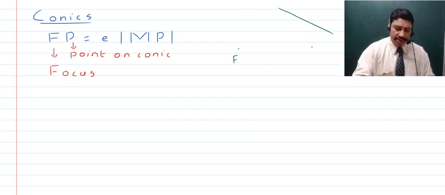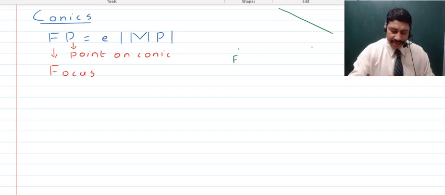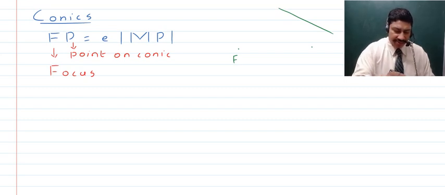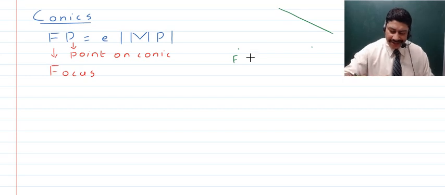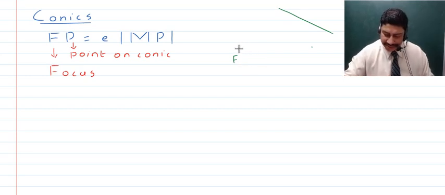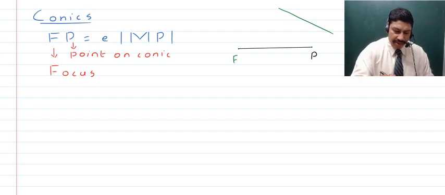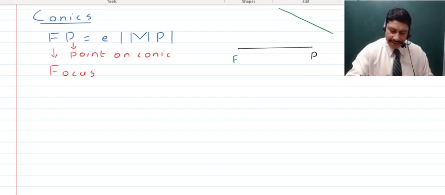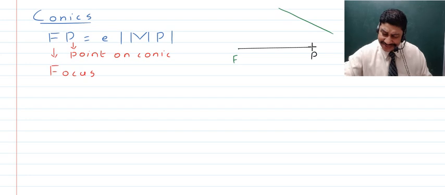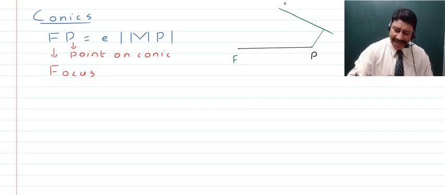So when we talk about this distance, actually we'll be here talking about this equation now framed geometrically, something like this. This is FP. As I told you, this point is P, right? And then we'll be talking about another line, that is MP, which is the perpendicular distance of the point P, right, from the line which is the directrix.